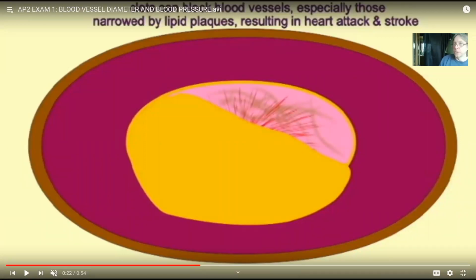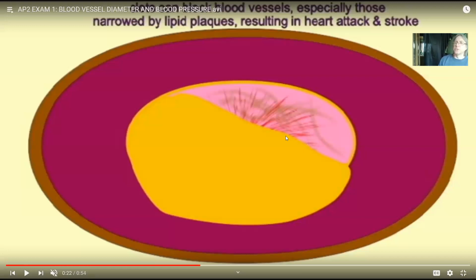If you're a smoker, nicotine can cause vasoconstriction. So these are things that we can do which will raise blood pressure. When we smoke, when we're under chronic stress, our blood pressure also rises. If we're developing lipid plaques because of heart disease, that's narrowing the lumen of the vessel, and thus the amount of blood pressure you need to push blood through this opening increases.